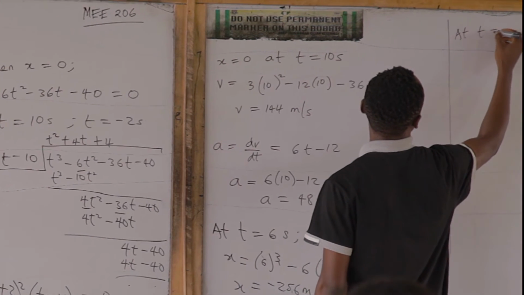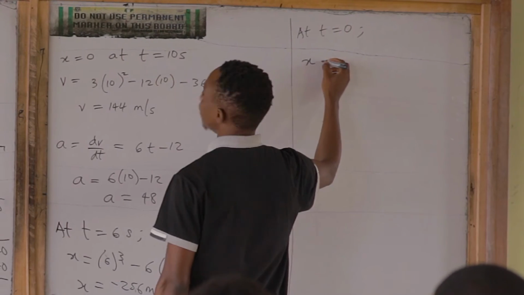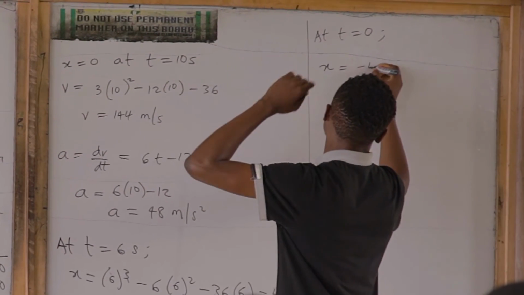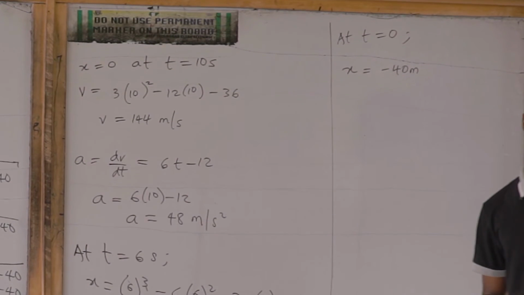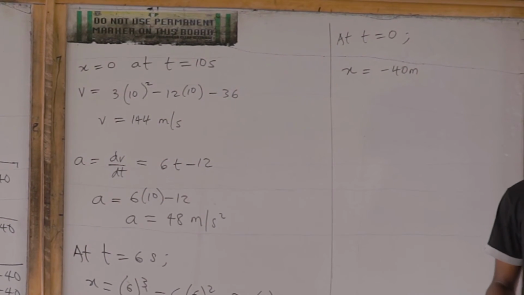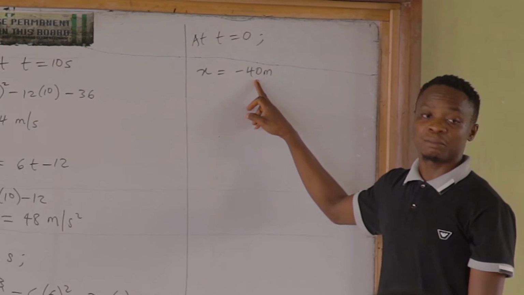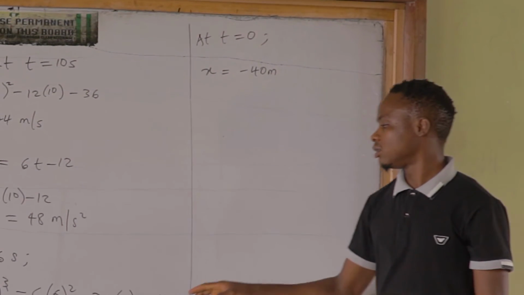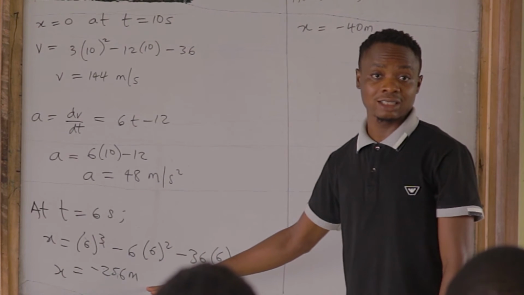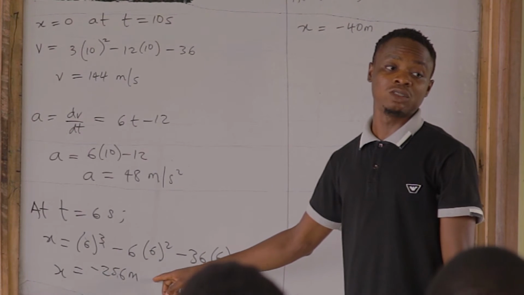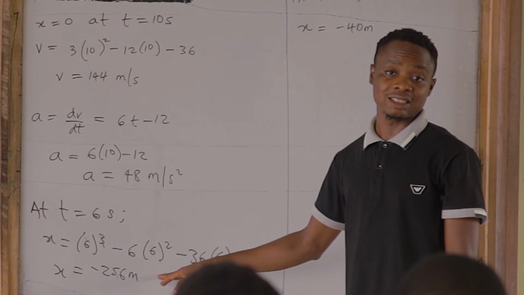At t equal to 0, just put t equal to 0 there, x equals minus 40 meters. Does that make sense to you? So we can already tell how the body moves. At time t equal to 0, we started at minus 40, then it went to minus 256. Do you understand that? Okay. So at time t equal to 6 seconds, it was at minus 256. Is it clear?